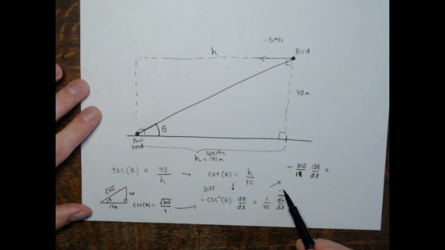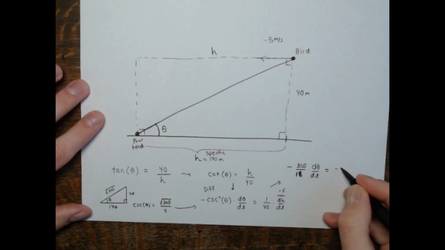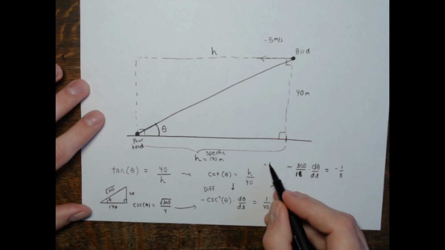So I'm going to call this -5 meters per second. That turns this right side into -1/8, because 5 goes into 40 eight times. And then I would multiply both sides by -16 over 305.